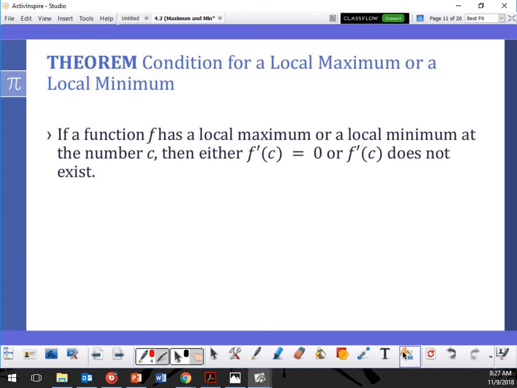So there are going to be problems later on where you have to find a vertical tangent. To find a vertical tangent, that just means that your slope has to be undefined. You're going to eventually be able to do that.